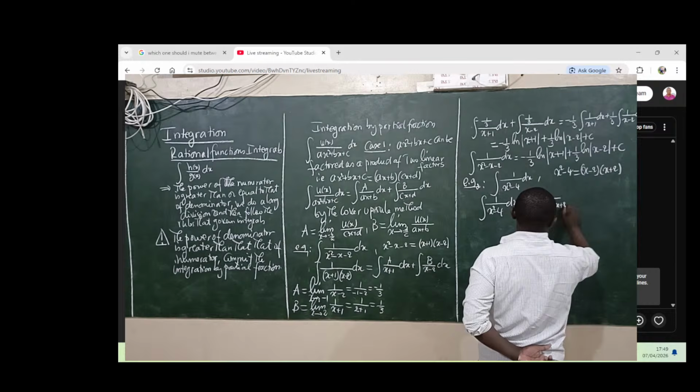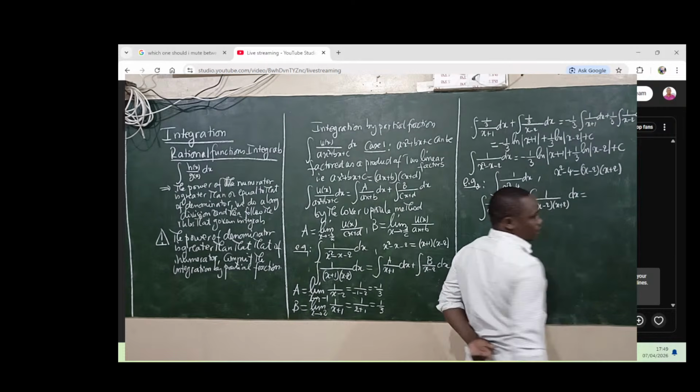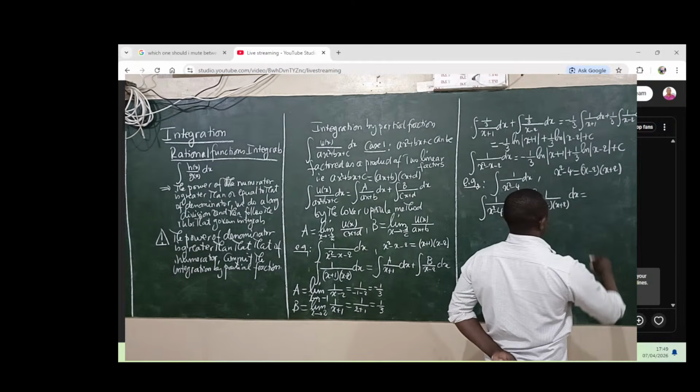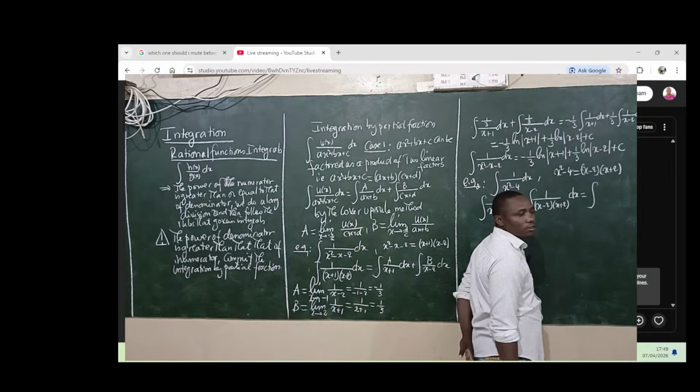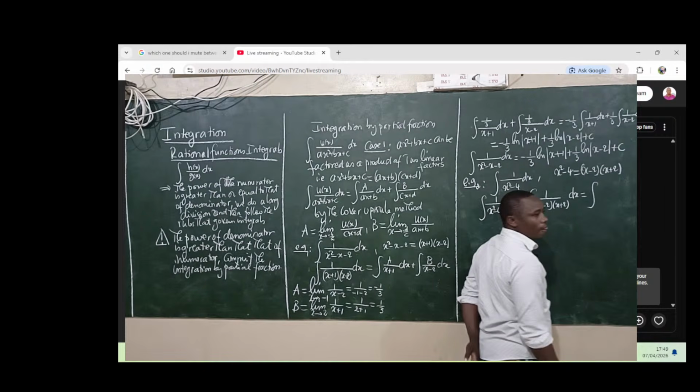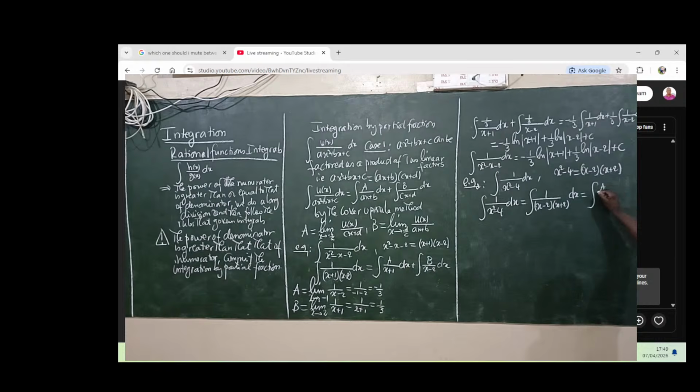And this is the integral of a by x minus 2 dx plus the integral of b by x plus 2 dx. The question now is, how are we going to get these values a and b?